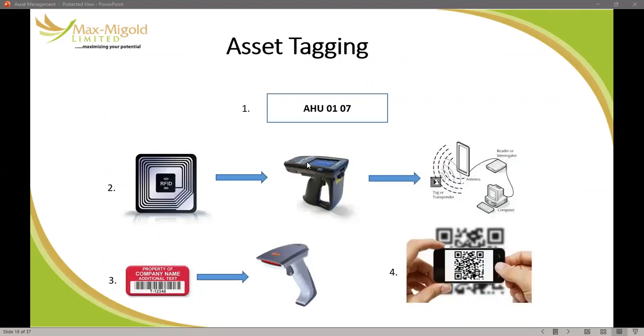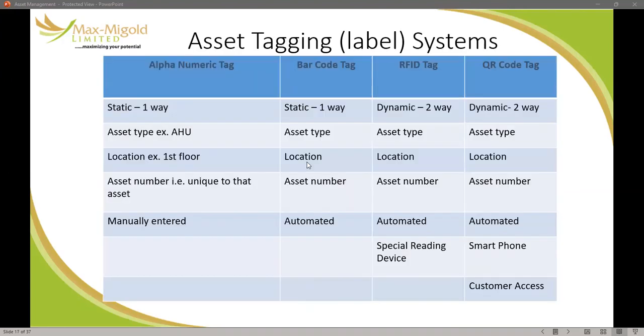And when you don't have the opportunity of using all the sophisticated or newly improved asset tagging machines, you can still use the manual way. When you get back to the office, what you do is open an Excel spreadsheet, get all your details, the headings and every other thing, and start putting the name of the asset and put all the headings under them. So you have asset tagging: there is alphanumeric tagging, there is barcode tagging, there is RFID, and there is QR code.